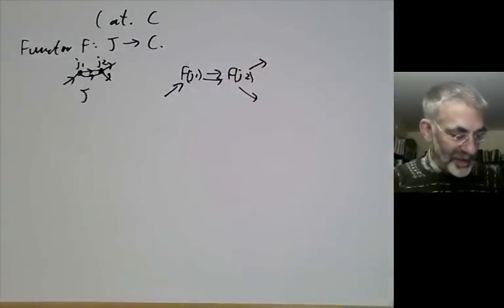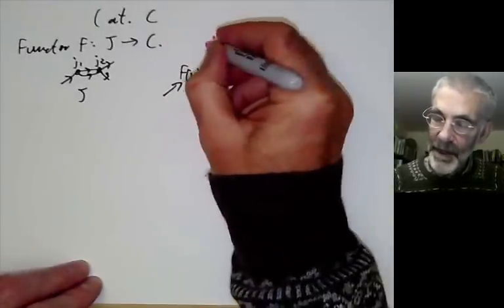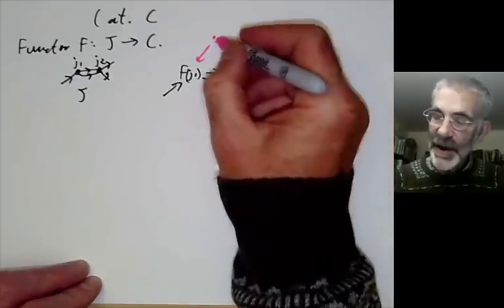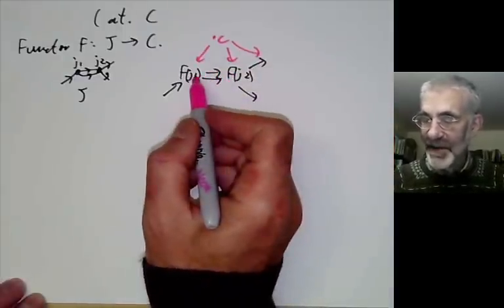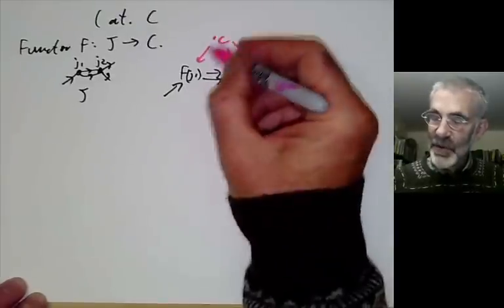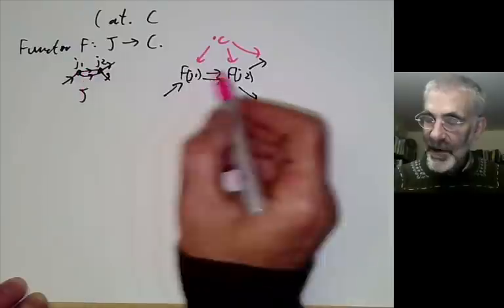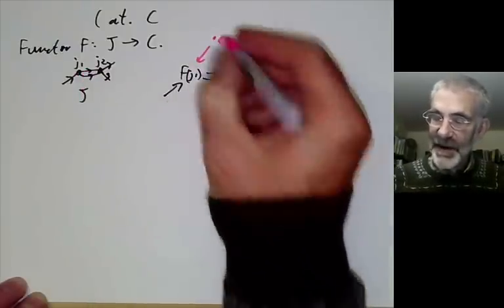And what you want to do is to pick a universal object, let's call it little c, mapping to all of these, that makes all these triangles commute. So the whole diagram doesn't have to commute. I mean, this map doesn't have to be the same as that map, but for any morphism of the category J, you get a morphism here, and that morphism has to commute with the two arrows from c.